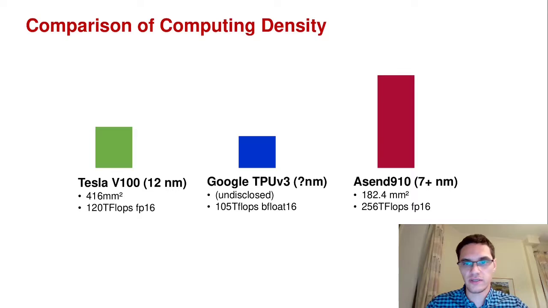How does Ascend 910 compare to the competitors, the class-leading devices from NVIDIA and Google?